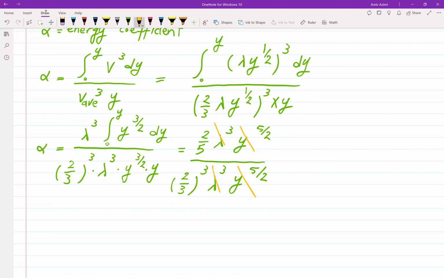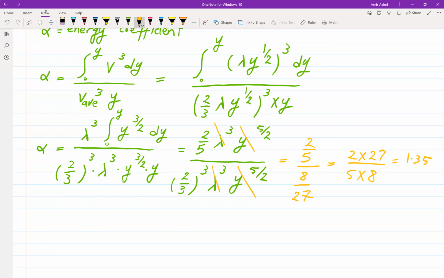So what is left is 2/5 divided by 2 to the power of 3, which is 8, divided by 3 to the power of 3, which is 27. So it becomes 2 times 27 divided by 5 times 8, which gives me 1.35.